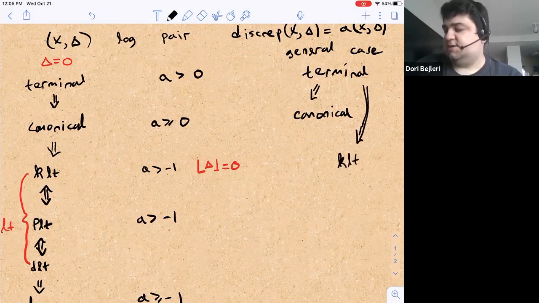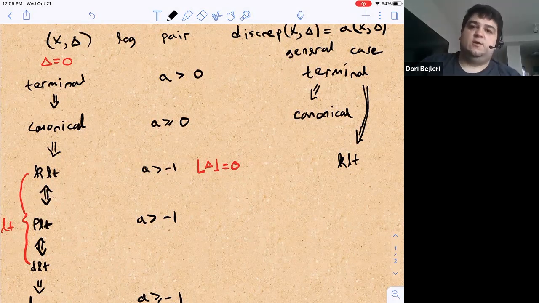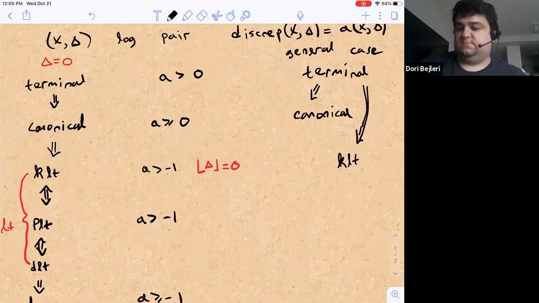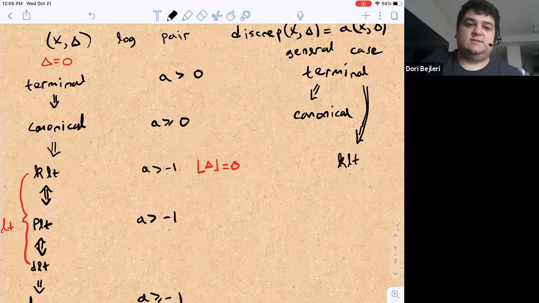But canonical does not necessarily imply KLT, just because you can have a pair with canonical singularities where the divisor has coefficient 1, and this exactly happens when you have a smooth variety and a smooth divisor. So if you have a smooth variety and a smooth divisor, then this round down condition isn't satisfied because you have coefficient 1, but all the discrepancies are actually greater than or equal to 0.